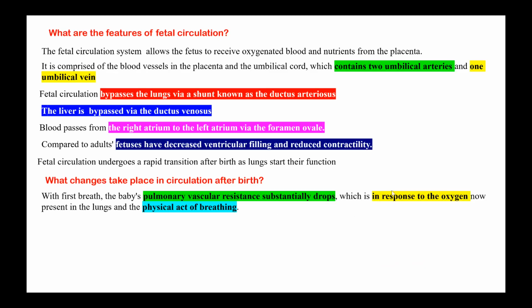So the hypoxic pulmonary vasoconstriction responds to the alveolar oxygen tension, not the blood oxygen tension. Please remember that, because hypoxic pulmonary vasoconstriction is a short note question in the theory paper itself.